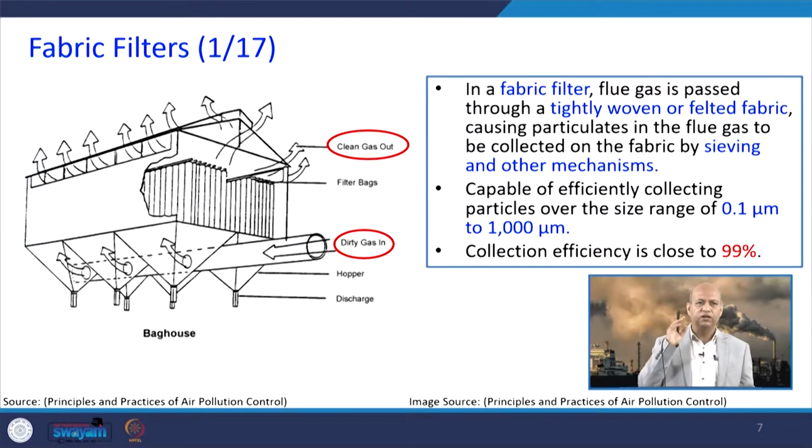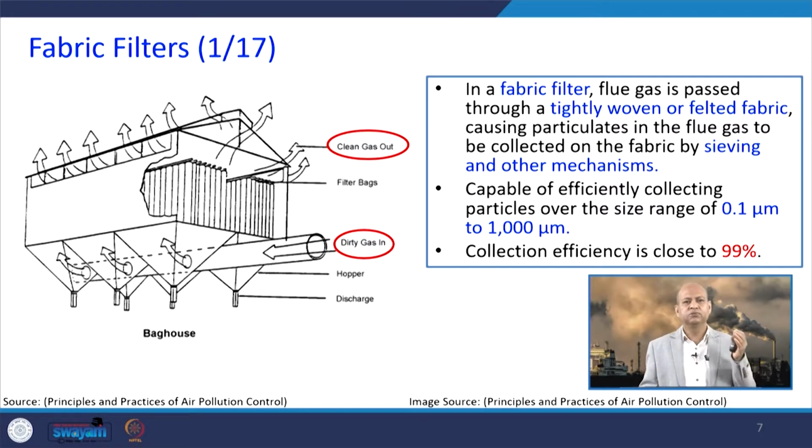So, when we go to the fabric filters, basically in a fabric filter the flue gas containing particulate matter is passed through a tightly woven cloth or fabric bag, which causes particles in the flue gas to be collected on the fabric by a sieving kind of action, because the gas passes through the pores and the particles get attached to those surfaces.